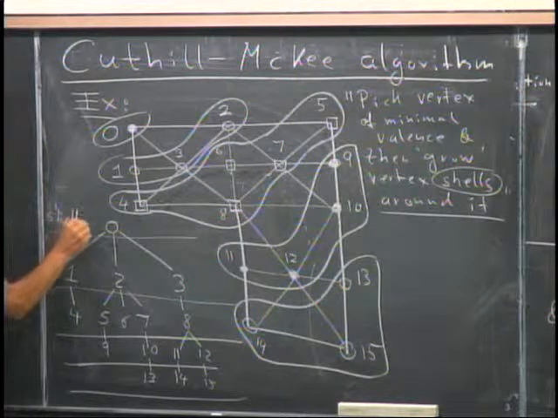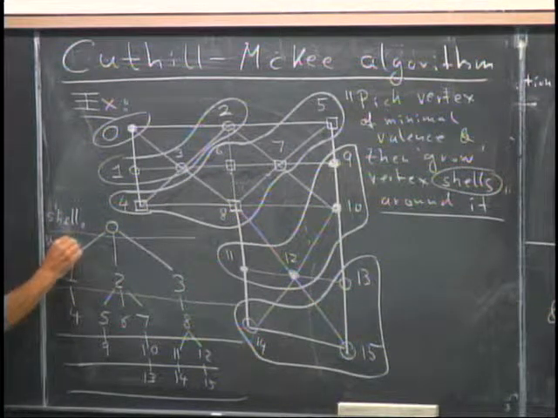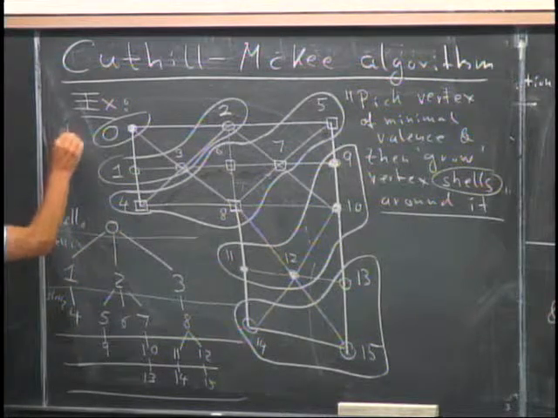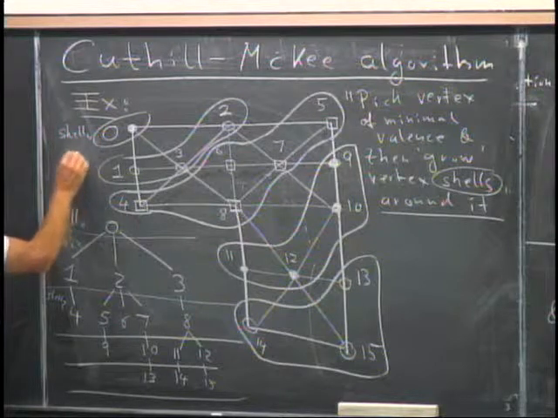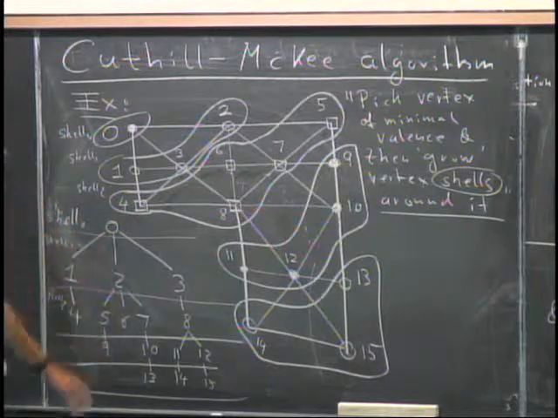This is my terminology. Shell 0, this would be shell 1, and this is shell 2, and so forth. So this is shell 0, this is shell 1, and this is shell 2.